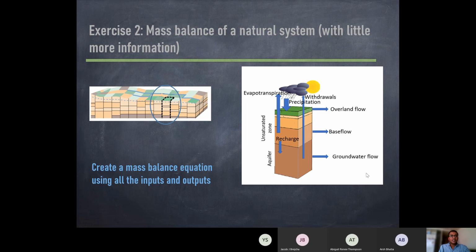So my question is, with the few groundwater basics that you just had, create another mass balance equation using all the inputs and outputs. So basically the same question with a little bit of knowledge. And if you have any questions regarding those groundwater basics, let me know. Then, write down the mass balance equation once again.